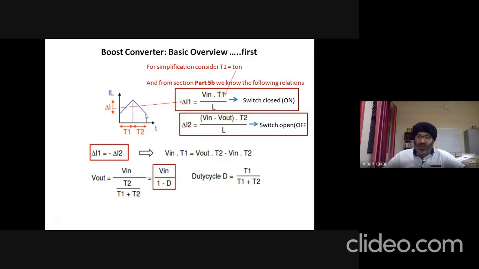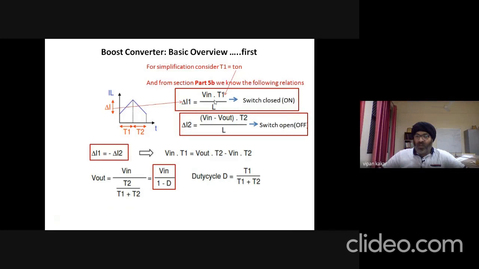So using that concept, which we saw in previous lectures, ramping up of the current must be the same as the ramping down of the current, or rising of the current must be the same as decaying of the current. So delta I1 must be equal to delta I2.